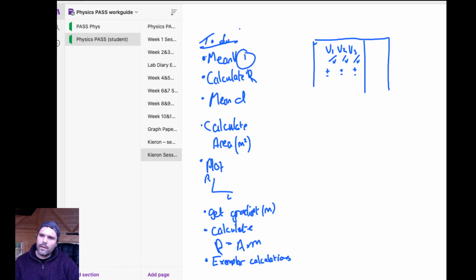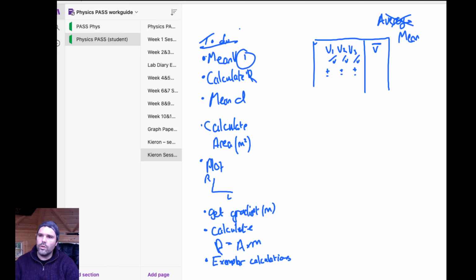Now, when you come to work out your mean value for potential difference, it needs one of those things. Well, two technically. It needs its own symbol, so it needs V. You can do V bar if you want, statistical symbol for average of a quantity, absolutely fine. You can use the word mean. Don't use the word average, because there are three types of average, and it's a mean, so call it what it is, it's a mean.